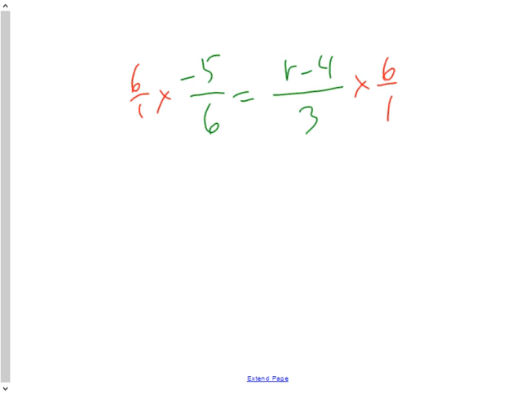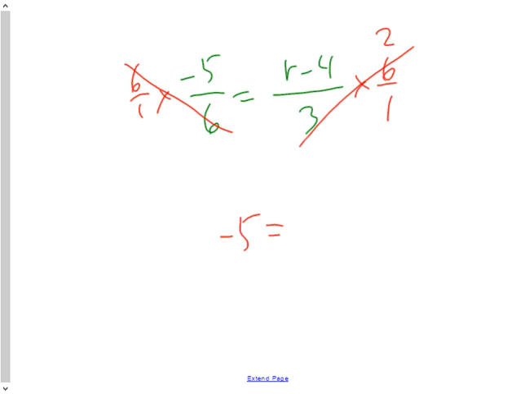Question B. Has fractions. Multiply both sides by the common multiple to get rid of fractions and make your question easier. In this case, I'm going to multiply both sides by 6. This will become negative 5, or negative 30 over 6, which is negative 5.